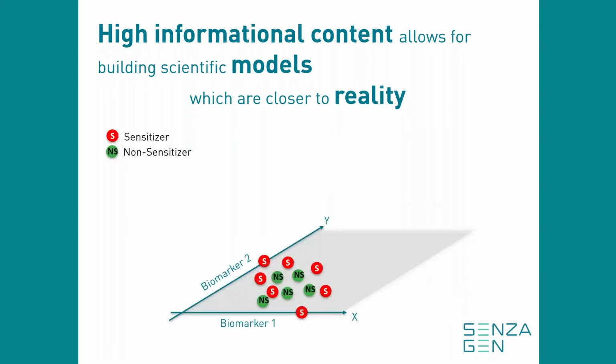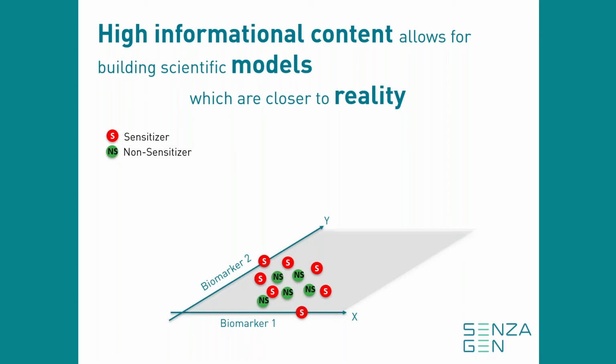The same concept can be shown also in a perhaps more relevant context. If we look at the model in X and Y coordinates, this model is based on only 2 biomarkers. And as you can see, the information that they contain is not sufficient to distinguish the sensitizers and the non-sensitizers.